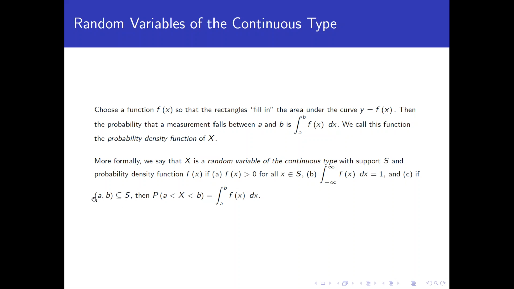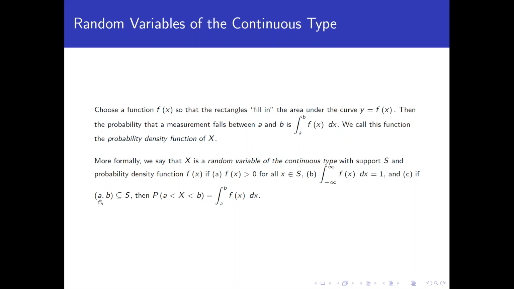If we have an interval that's a subset of our support, then the probability that x falls between those two values is the integral. This is analogous to probability mass functions. We know the probability mass function must be positive for any x in the support, and that if we sum over the support we have to get 1.